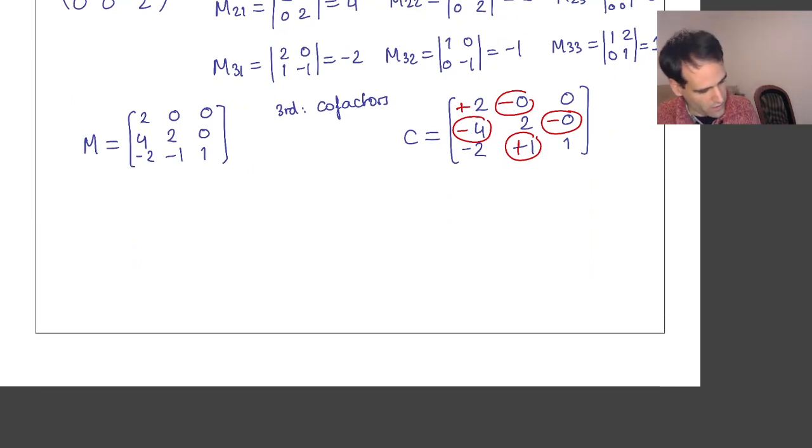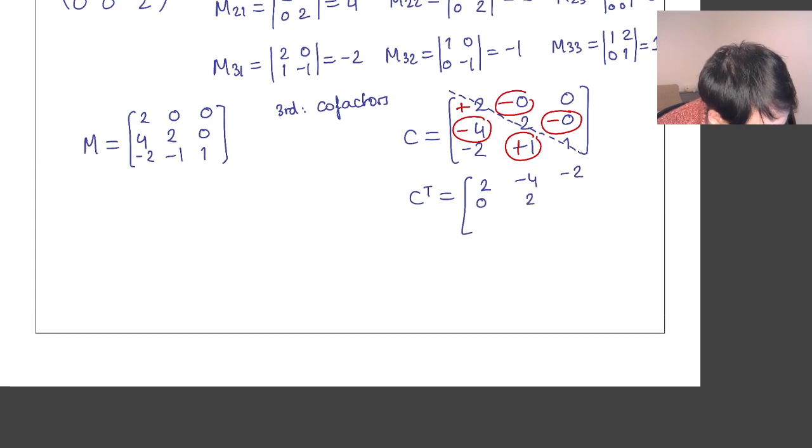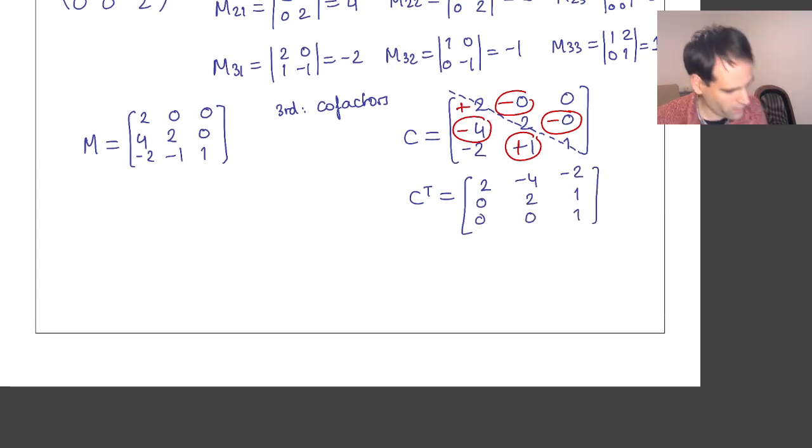So what is the transpose of the matrix of the cofactors? I simply have to switch the columns to the rows, or equivalently, I imagine there is a mirror here and I simply do the mirror reflection of that. So I get 2, minus 4, minus 2, 0, 2, 1, 0, 0, 1. And that is the cofactors matrix transposed.